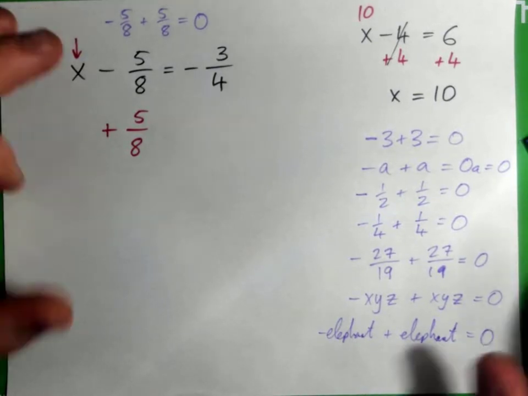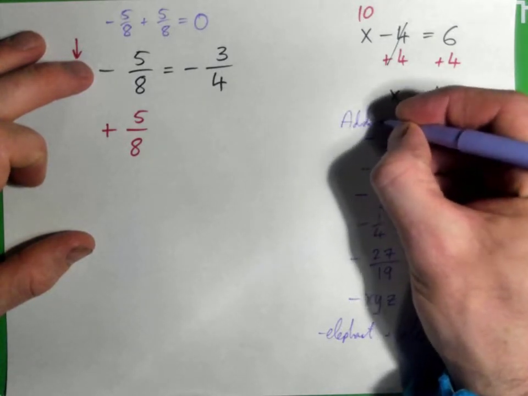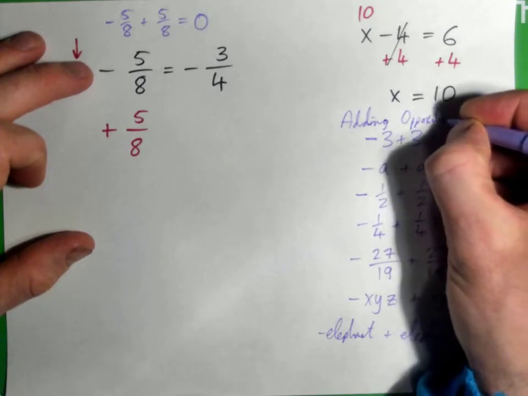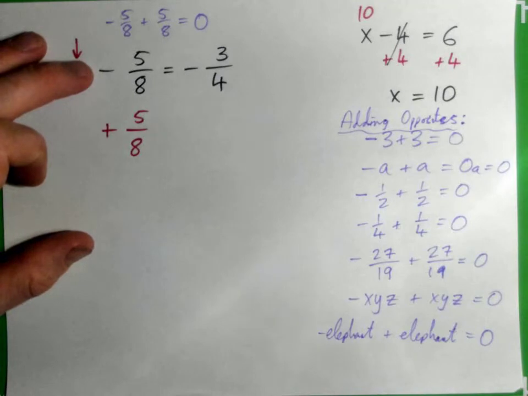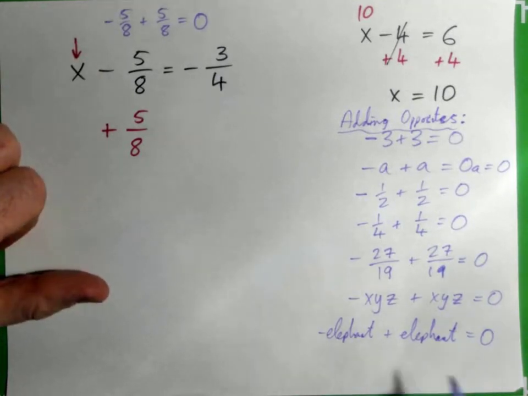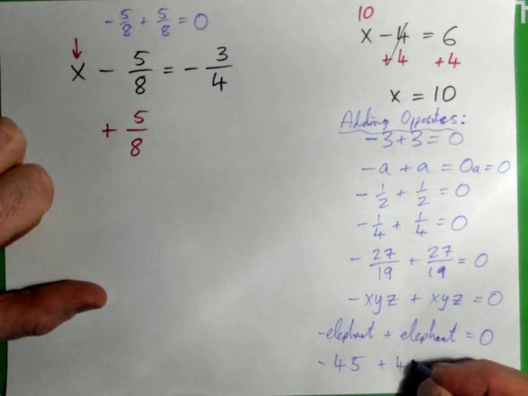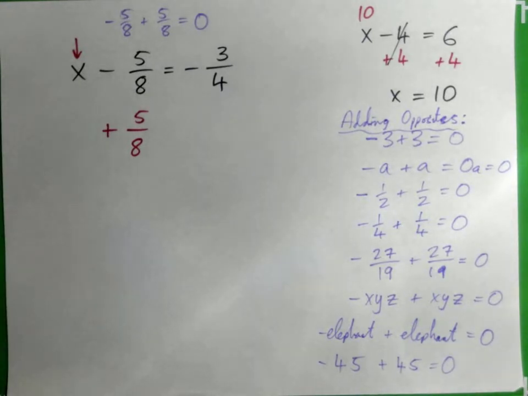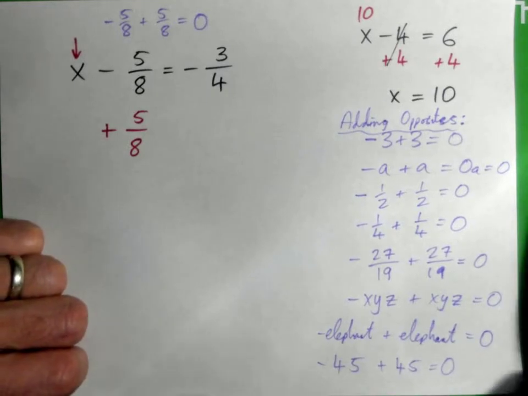And that is called adding like terms, or adding opposites. Give me another silly adding opposite you can think of. Yep, negative 45 plus 45. Good. Or negative Bart Simpson plus Bart Simpson, 0, right?